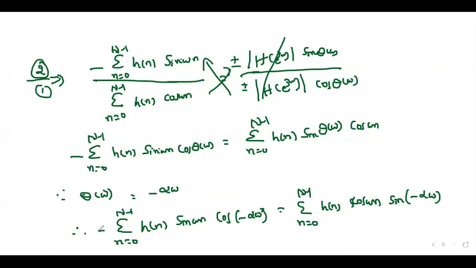So here minus is already there, we can cancel it. But here cos of minus omega will be cos omega. Cos minus theta is equal to cos theta only, no?